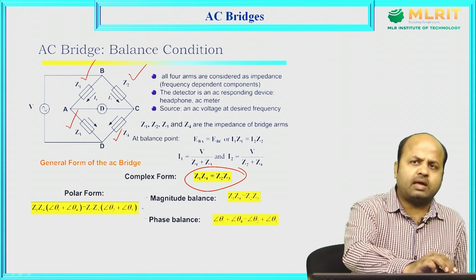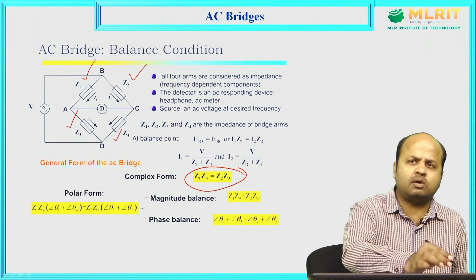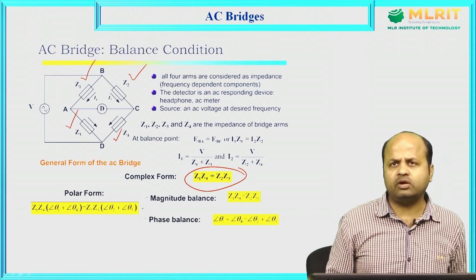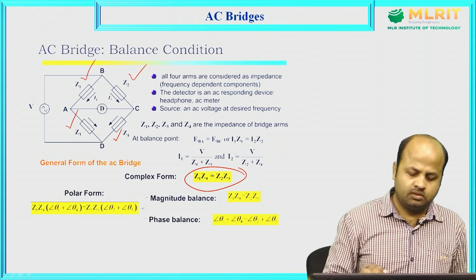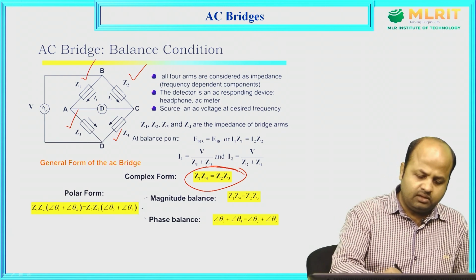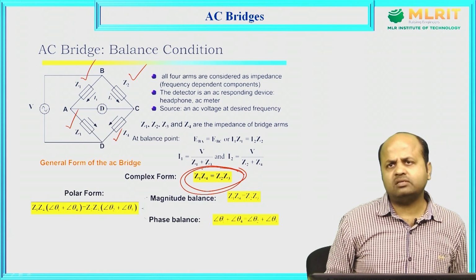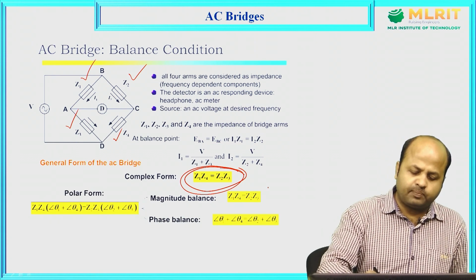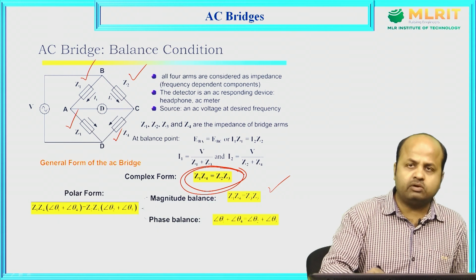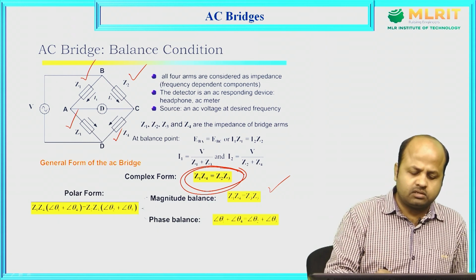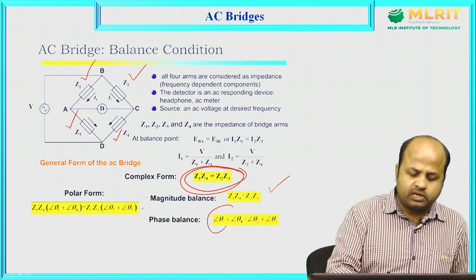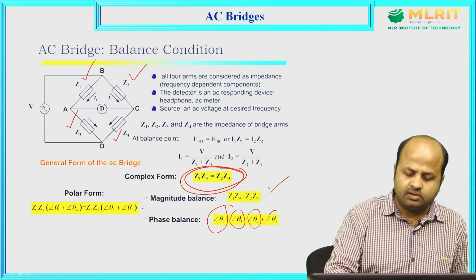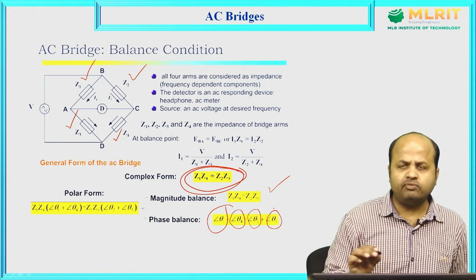Whenever there is a capacitor, or a combination of resistor and capacitor, the terminology used here is impedance, not resistance. So this is the balance condition formula for AC bridges. In terms of magnitude, Z1 into Z4 equals Z2 into Z3. In terms of phase, theta 1 plus theta 4 must be equal to theta 2 plus theta 3.